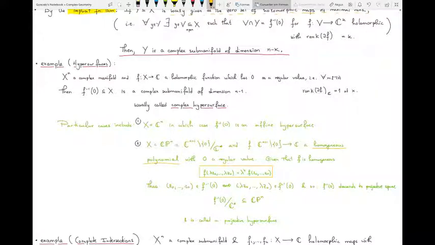And therefore, the polynomial is 0 at this point if and only if it was 0 at the other point. And so this zero locus does descend to CP^n, and this is called a projective hypersurface.